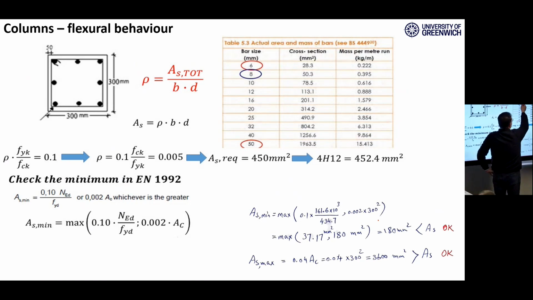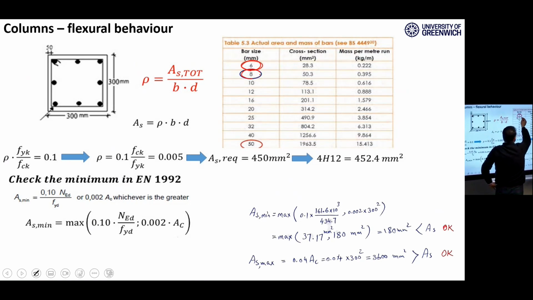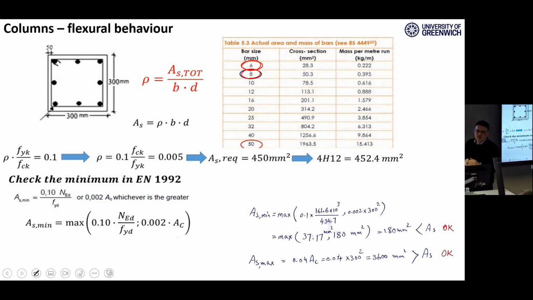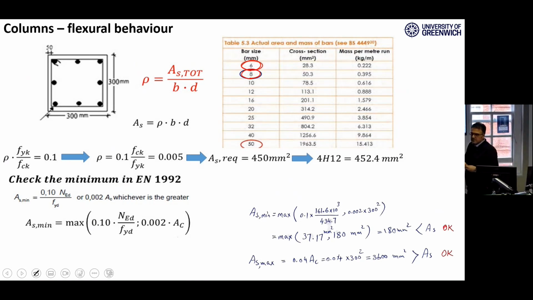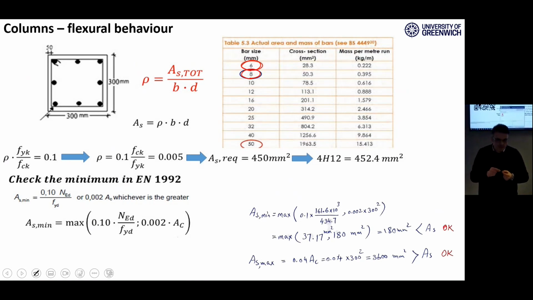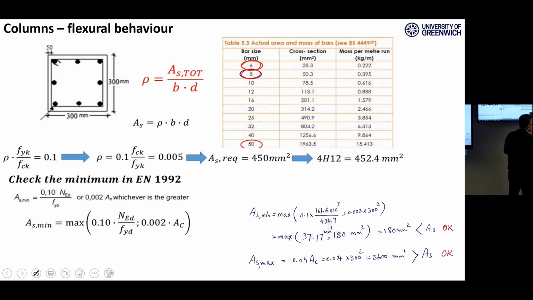If you remember, we usually use rebar number 6 and number 8 for shear design, didn't we? They are very tiny rebars. Number 6 means the diameter of your rebar is 6 millimeter. Okay? The section of rebar is a circle, so the diameter of that circle is 6 millimeter.